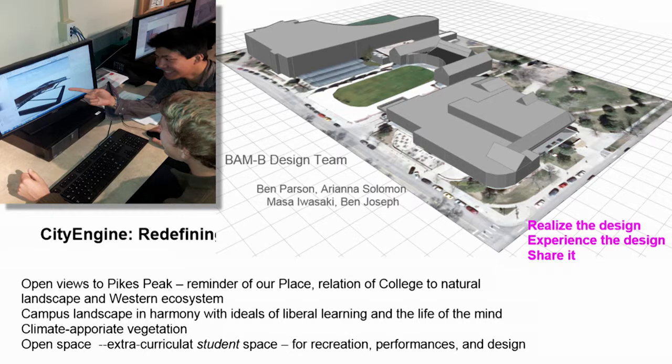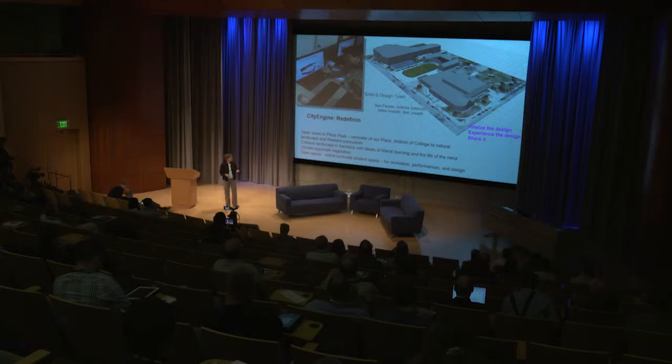And furthermore, it offered an opportunity to open up sightlines to the west, minimize some of the impacts of heavy human movement and inhibited means of fulfilling the educational aspirations. So realizing the design, experiencing the design, and then sharing it, those aspirations were all achieved in the short span of time by the students in the class.